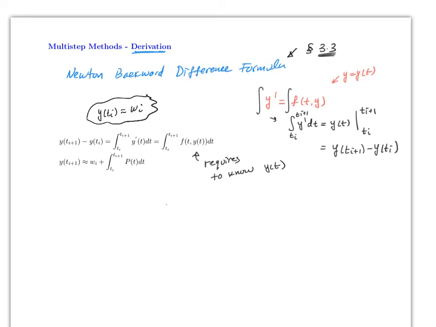Now, the reason why the backward difference is the most appropriate is this: remember, if you're trying to find, let's say, w4, that one is going to need w3, w2, w1, w0, so you're going backwards in time.